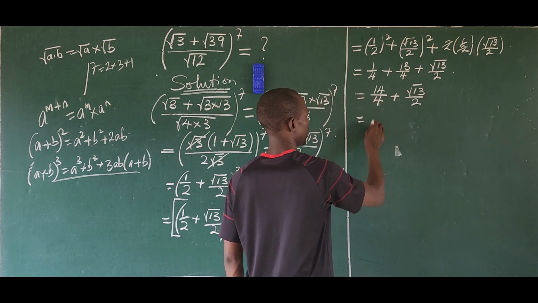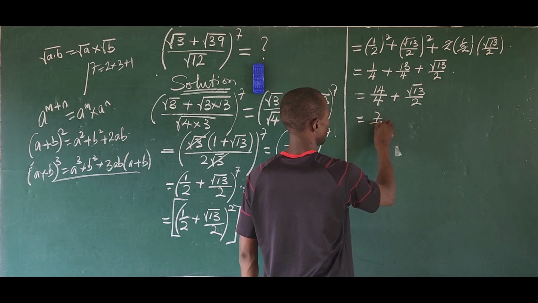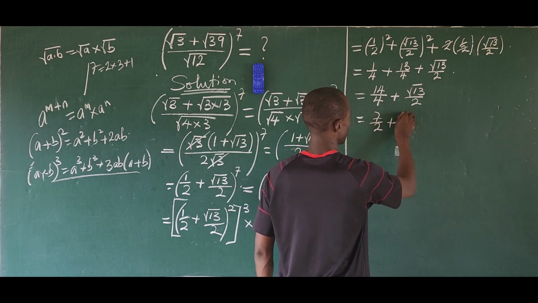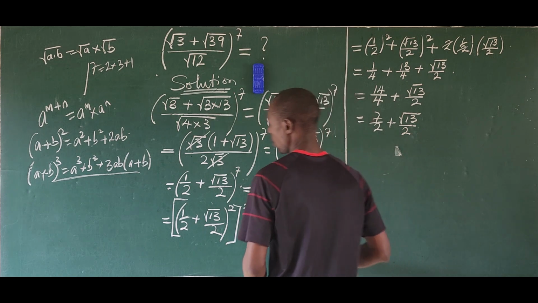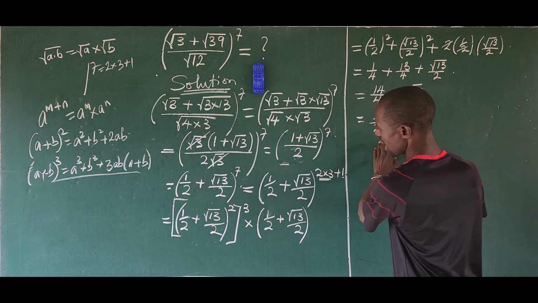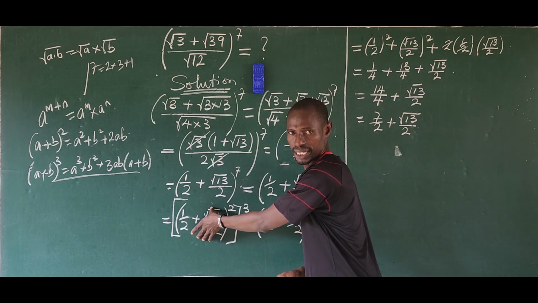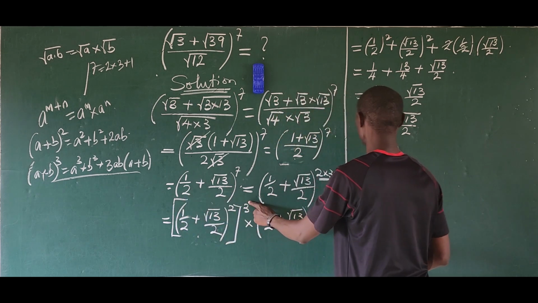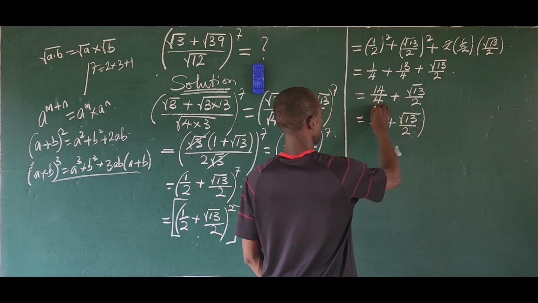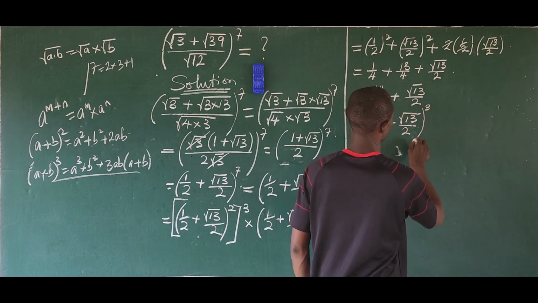So if we simplify down, this will give us 7 all over 2 plus root 13 all over 2. Now, this answer we have here now is for this. So we now further raise this answer to the power of 3.